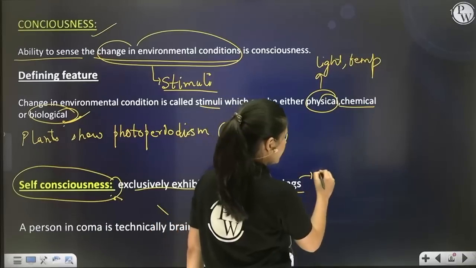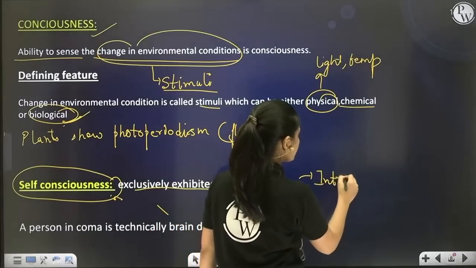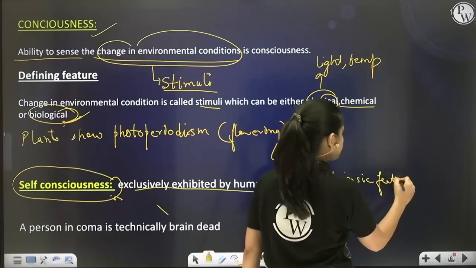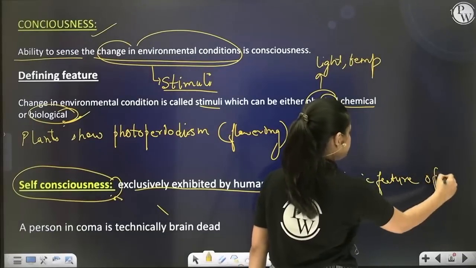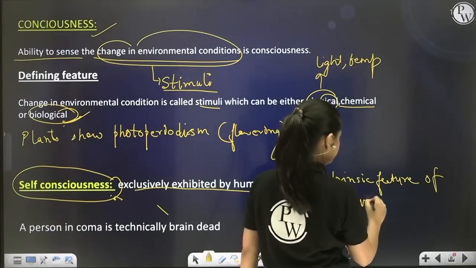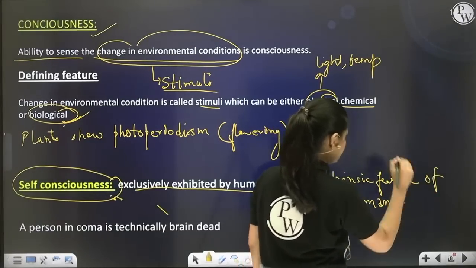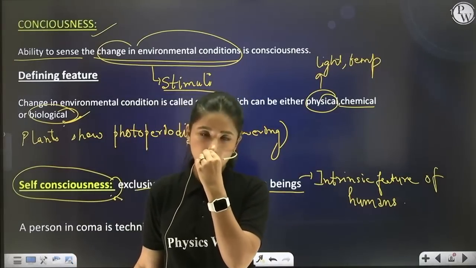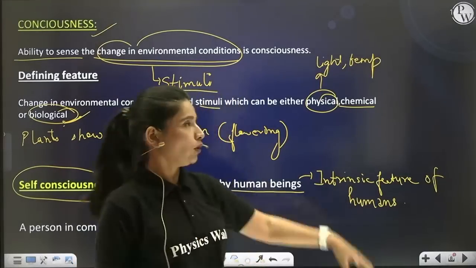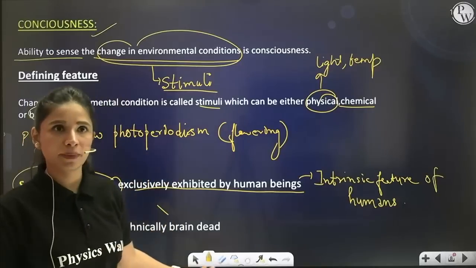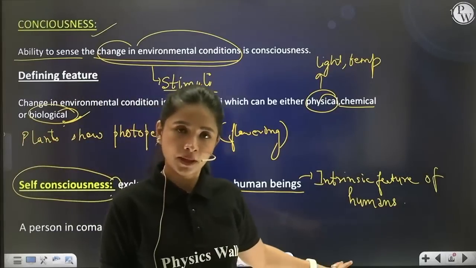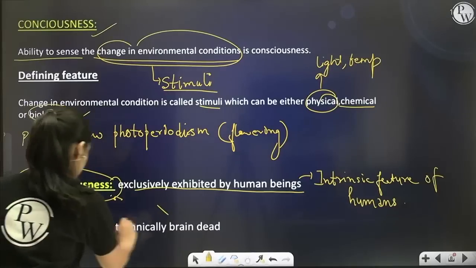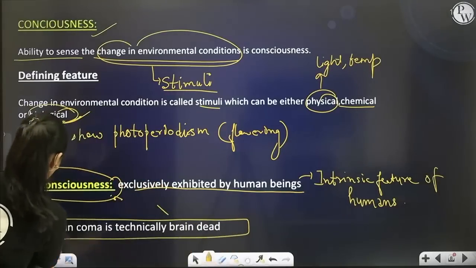Therefore, it becomes an intrinsic feature of humans. Right? Okay. I hope all the points which I have written on this page are clear to each and every student. Well done. There is one note point I have written at the base. Can you all see this?